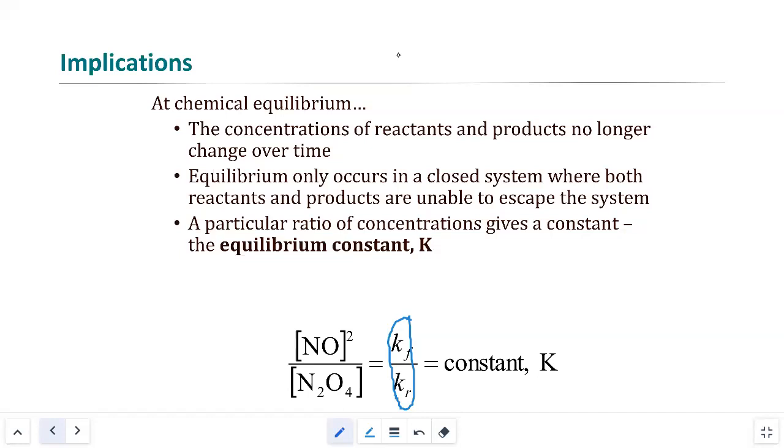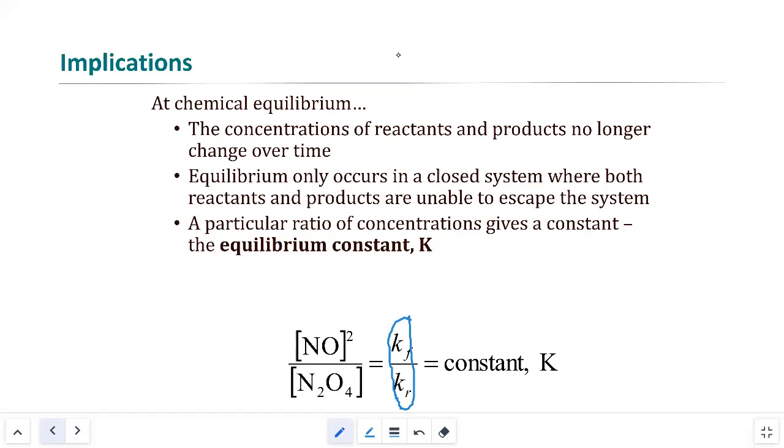So the big thing that we have to walk away with when we are looking at this kind of reversible system is the fact that just because we have an equal rate doesn't mean we're going to have an equal rate constant.